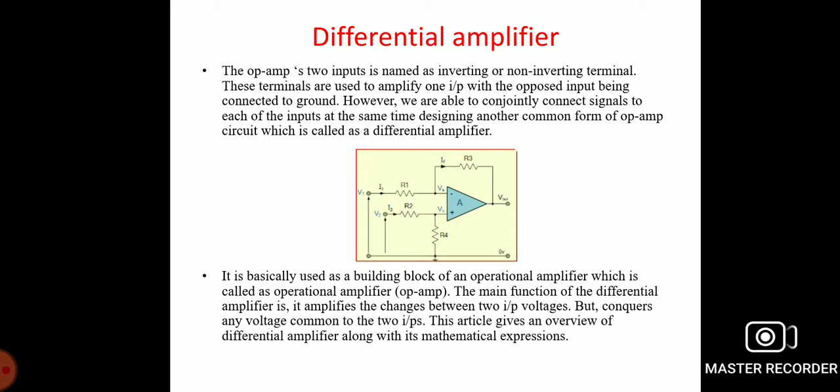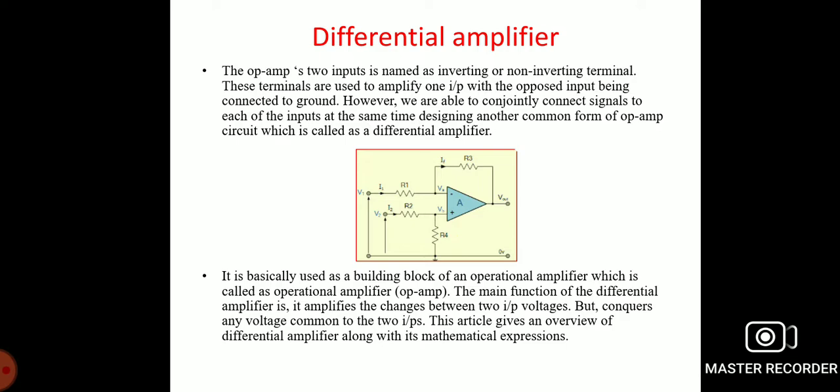It is basically used as a building block of an operational amplifier. The main function of the differential amplifier is to amplify the changes between the two input voltages, but reject any voltage common to the two inputs.